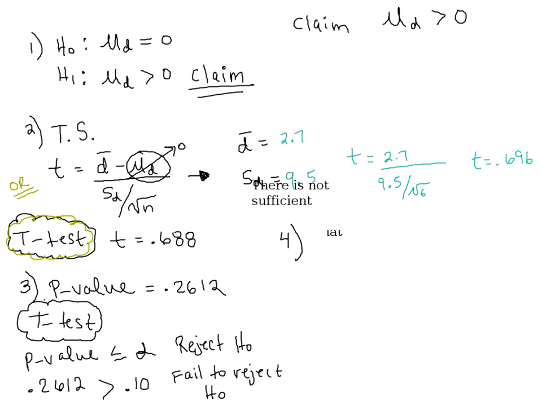There is not sufficient sample evidence to support the claim that, and then I have to go back and read what the claim was, the exercise program helps participants lose weight. Okay, so there's not sufficient sample evidence to support the claim that the exercise program helps participants lose weight.